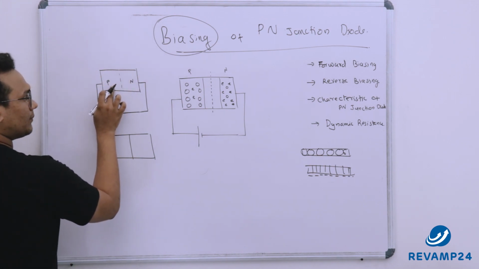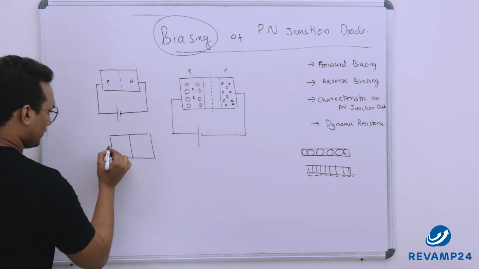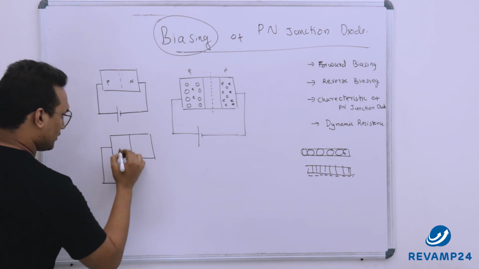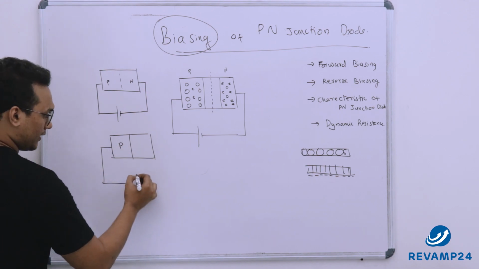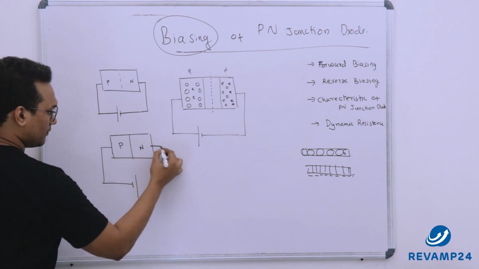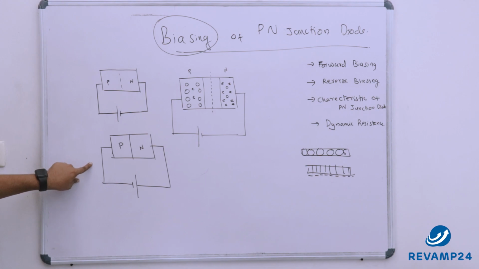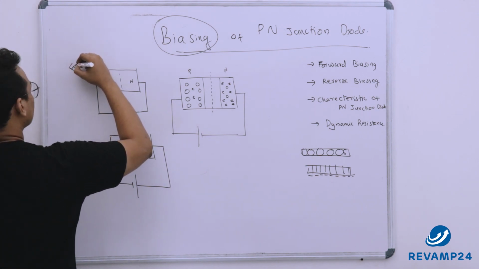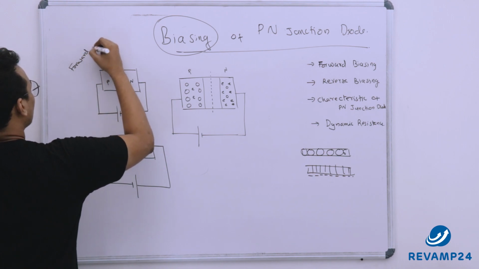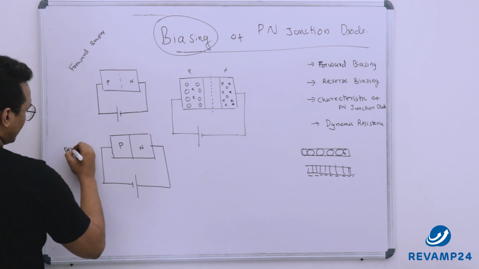We have P type at one end and N type semiconductor at the other end. Now with P I can connect the negative terminal of the battery, and with N I can connect the positive terminal of the battery. This is one type and this is the next type. The first is called forward biasing, and this one is reverse biasing.